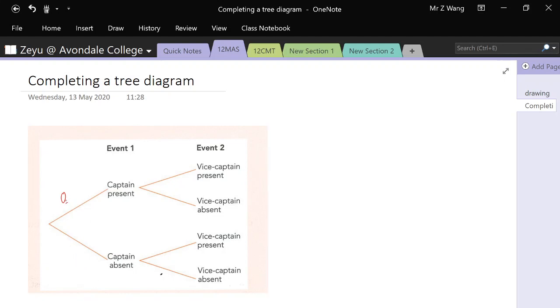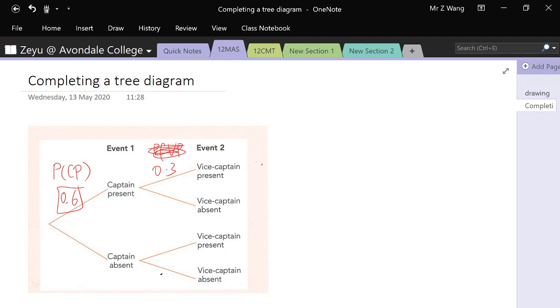So let's say if this is 0.6, what does this 0.6 represent? The captain's present. Yeah, captain present. Now let's say if this is 0.3, what does this represent? The possibility of the vice captain present. Okay, so this is not entirely correct.